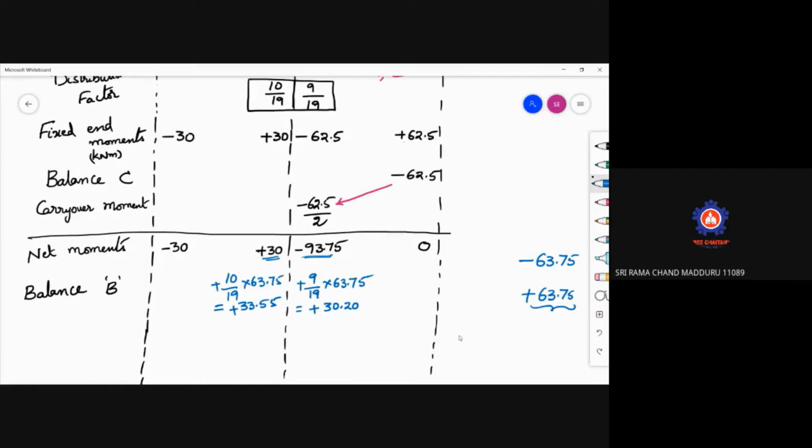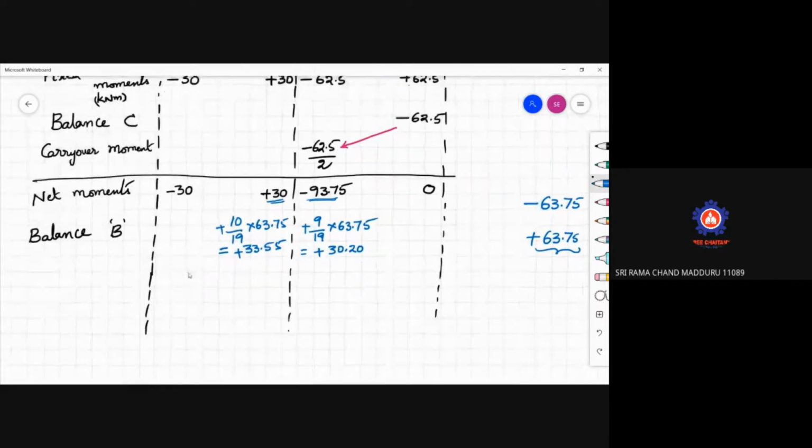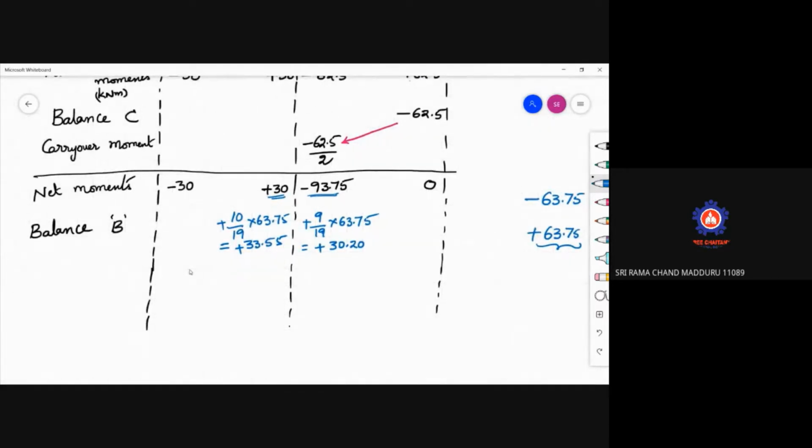With the decimal values, be careful. Now B is balanced, but whatever moment you are adding will give a carryover moment according to the far end support. So the next one is the carryover moment.